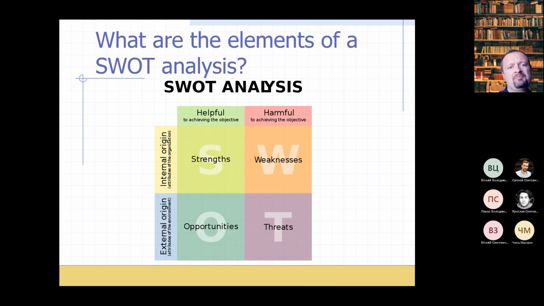And we managers divide all the factors with the help of the following matrix. On the horizontal axis you can see positive or helpful and negative or harmful factors. And on the vertical axis, you can see the external environment and internal environment.